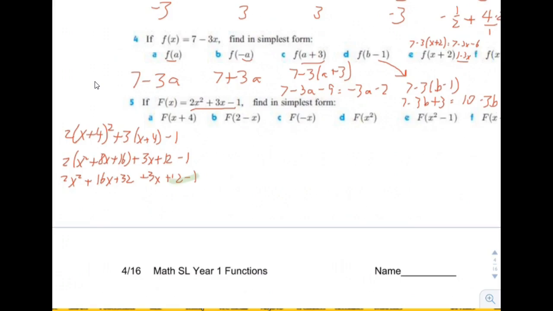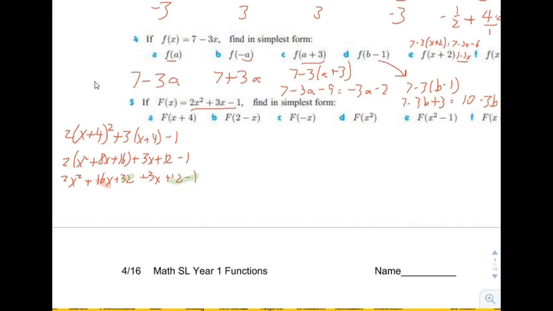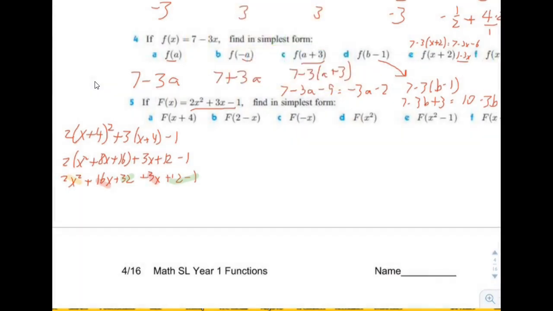So 12 minus 1 here and 32 here, those are like terms. 16x with 3x, those are like terms. And 2x squared all by itself. So we'll have 2x squared plus 19x, and 32 plus 12 is 44, minus 1 is 43. What a mess. Okay, so that was for A.